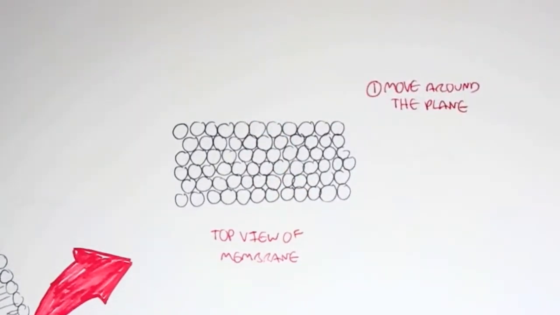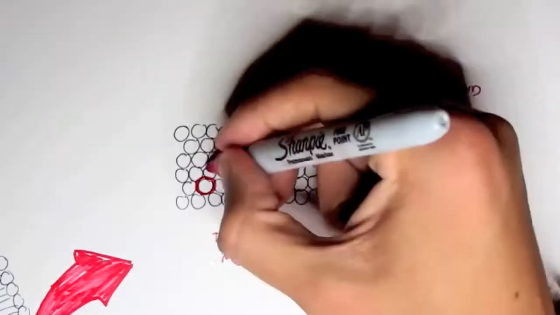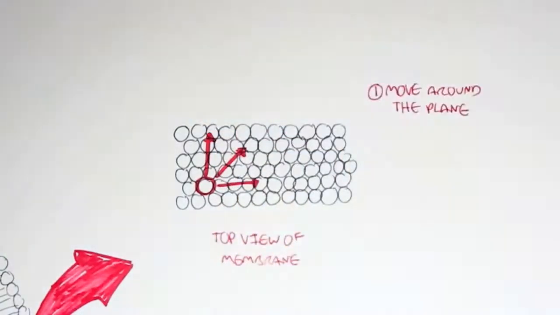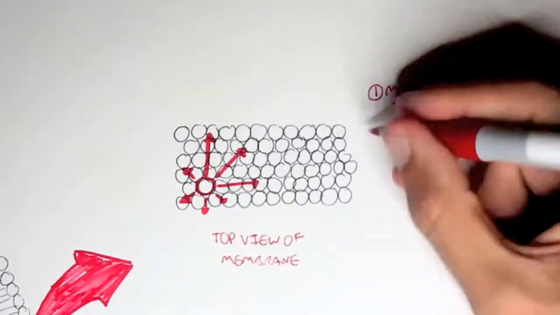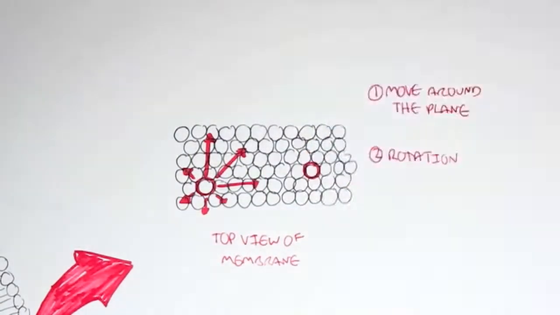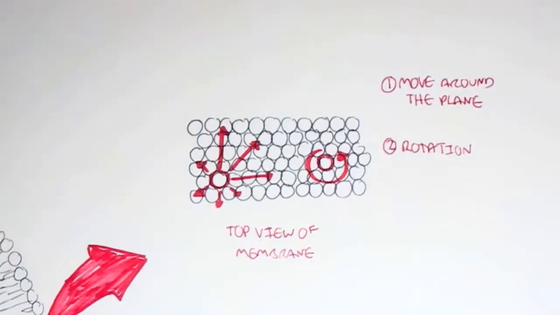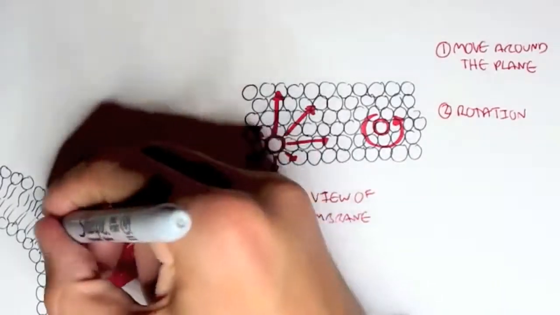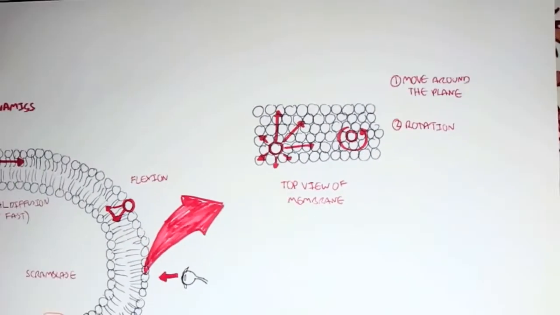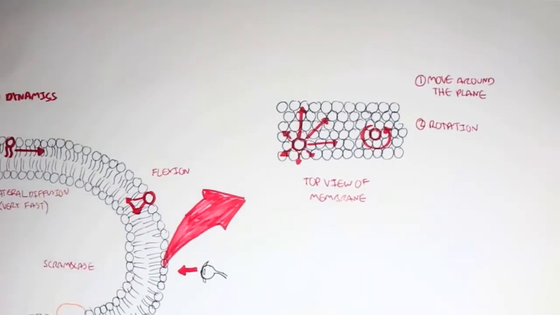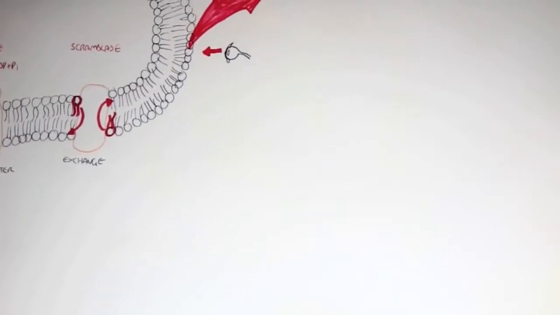And this is sort of like lateral diffusion from the uncatalyzed version, but essentially it can move anywhere within the same layer, around the same plane. And two, the lipid itself can rotate, obviously, because it is in constant motion. And finally, I would like to mention that the fatty acid chain can actually flex, can move around, because there's a sort of a fluid environment within the bilayer.